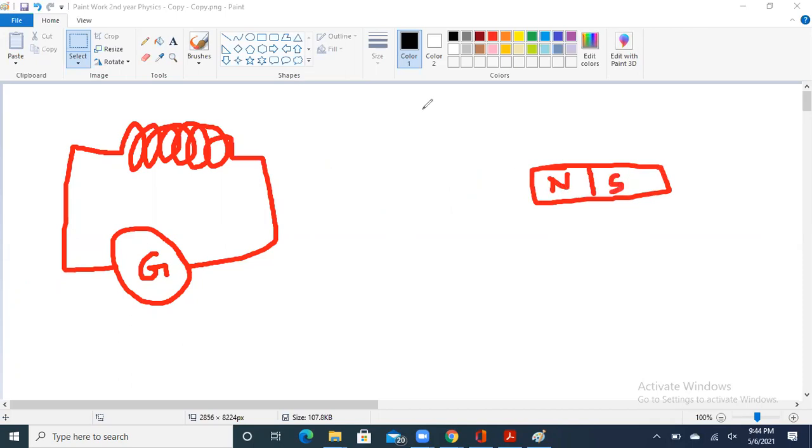Now you very well know that the magnet is producing a certain magnetic field around it. There is a certain magnetic field around the magnet which is moving in a certain direction, for example, like this.